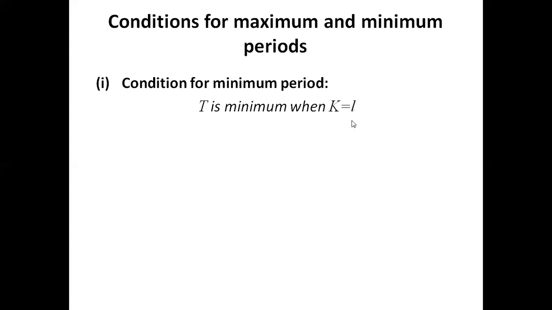It is the distance between the point of suspension and the center of gravity. If k equals L, that is, if the separation between the point of suspension and the center of gravity is equal to the radius of gyration of that particular rigid body, then at that point the time period of the compound pendulum will be minimum. So this is the condition for minimum time period.